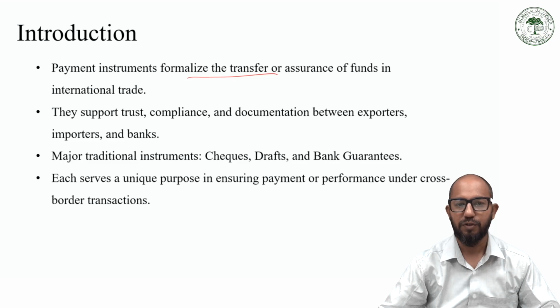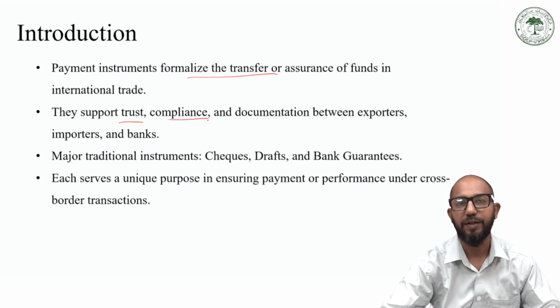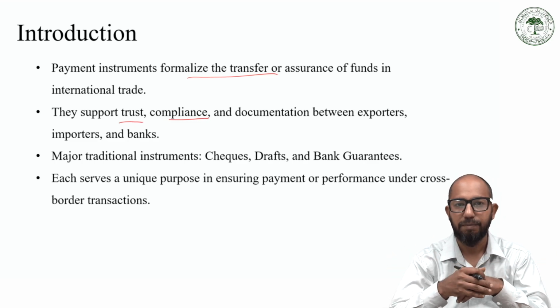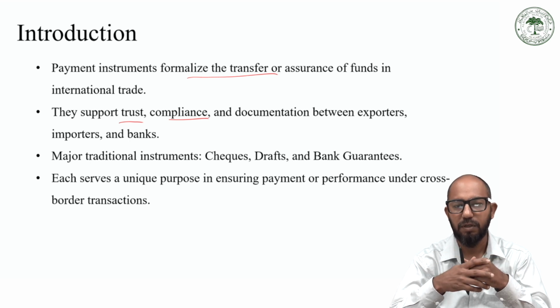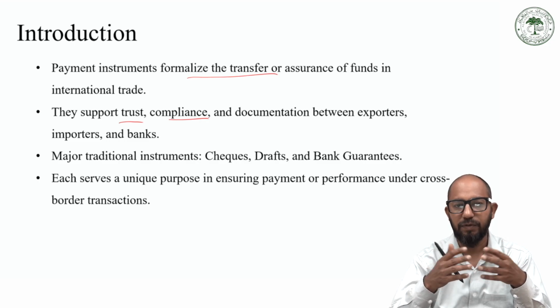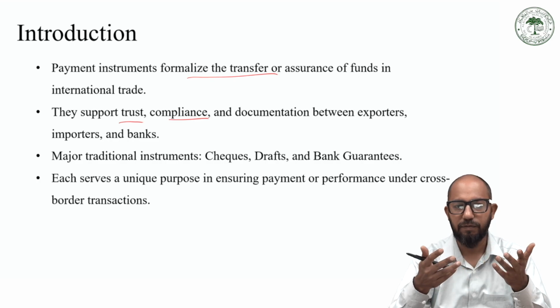The payment instruments support trust, compliance, and documentation between exporters, importers, and banks. We all know that trust in the payment systems is very important. What kind of payment instruments are being used defines the trust between the parties. A bill of exchange has a different kind of trust, a draft has a different kind of trust, a check has a different type of trust.